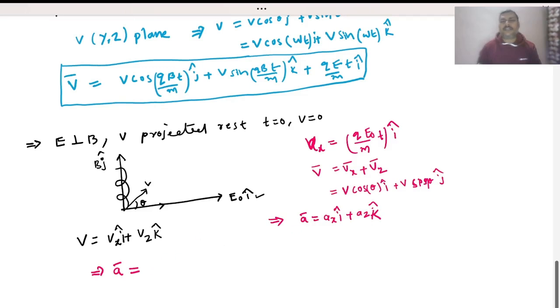Here ax has two components along i. If you see the force by the magnetic field, the acceleration, first of all find the direction of velocity. So that is v bar cross i bar, that equals i cross j which is k bar.